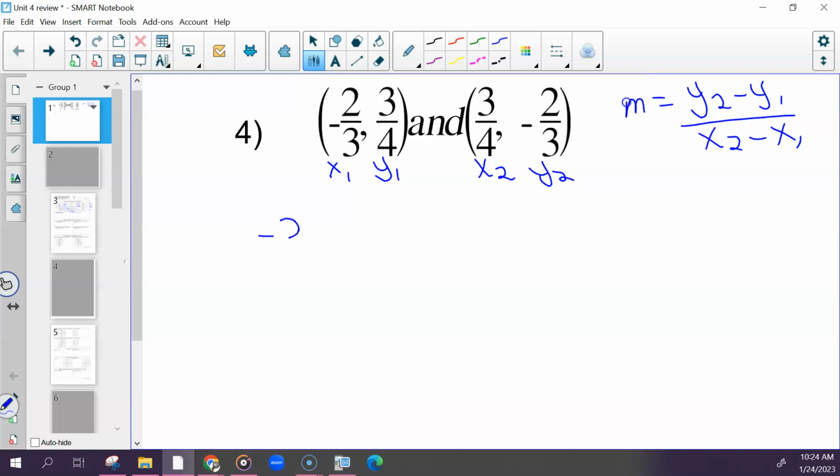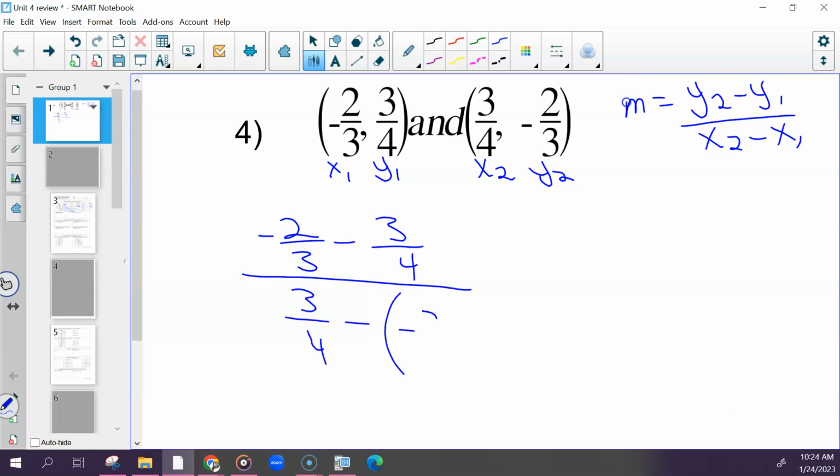So we would have -2/3 minus 3/4 all over 3/4 minus a -2/3. We would need to get common denominators for everything.